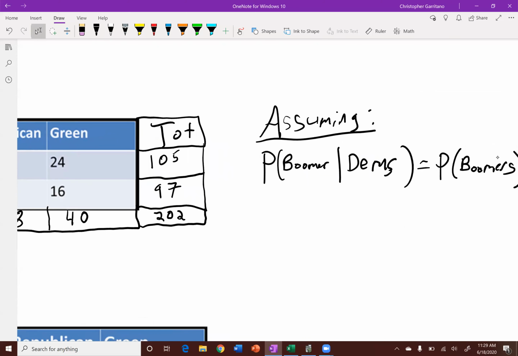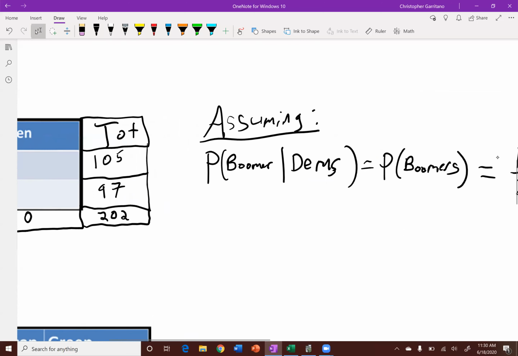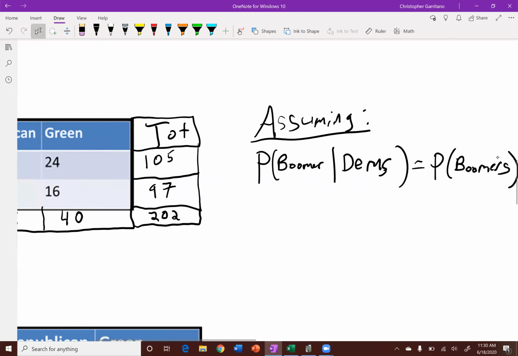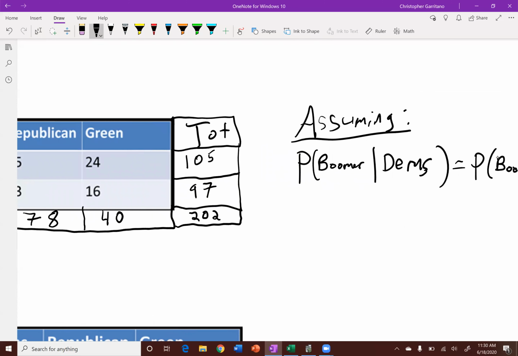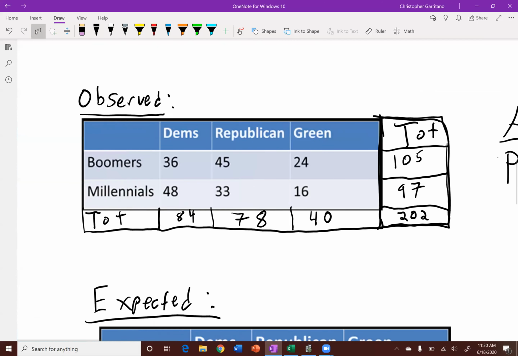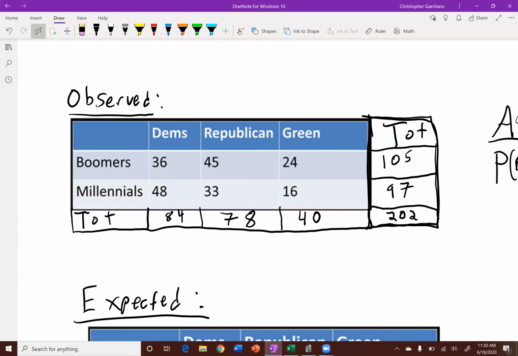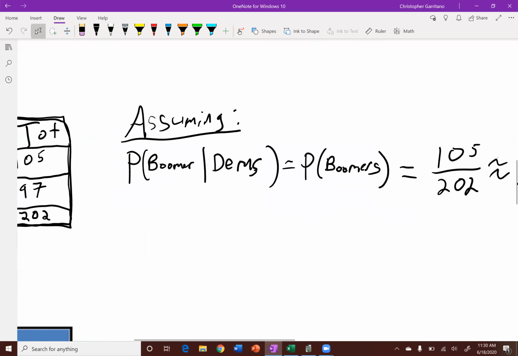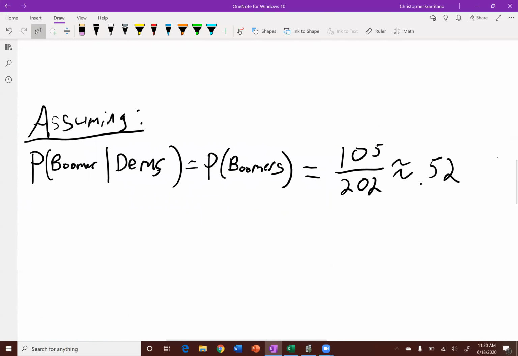And the best estimate that we have for the true proportion of boomers is taken from this total column here, right? We took all of the people that identified as boomers, 105 of them, divided by the total people that were surveyed, and this is our best estimate for the true proportion of boomers. So that's about 52%.